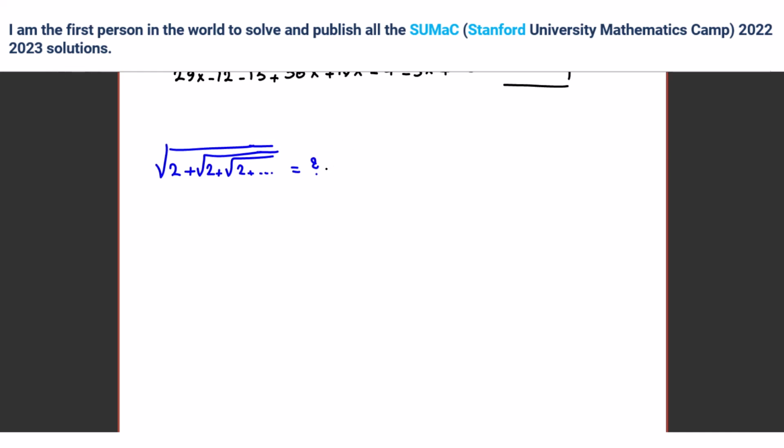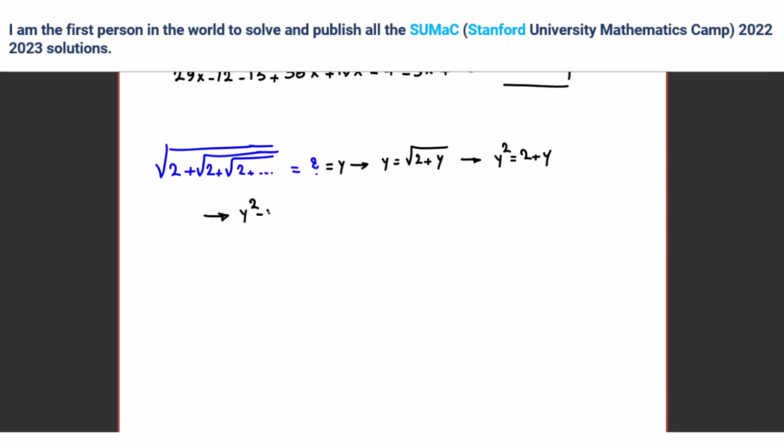So, I let this be y. Then y equals square root of 2 plus y. Then I square both sides and solve the quadratic.